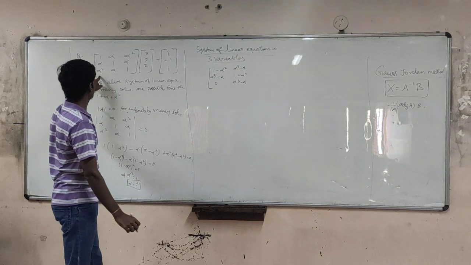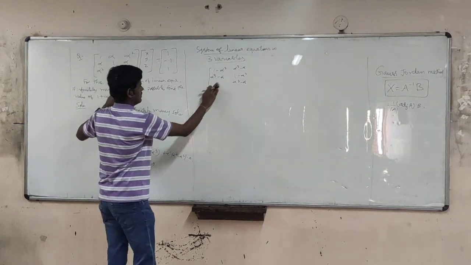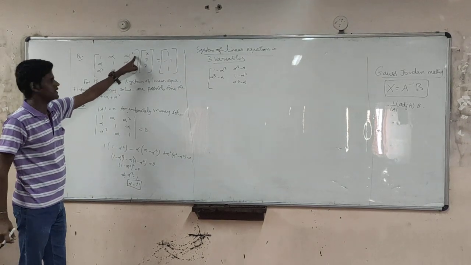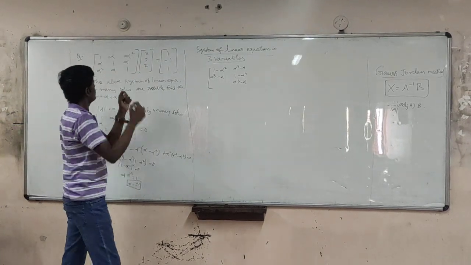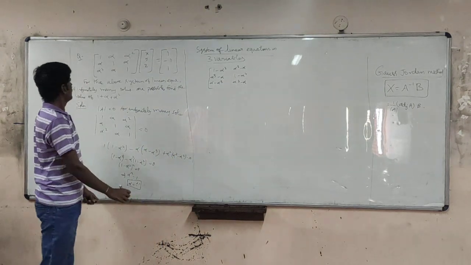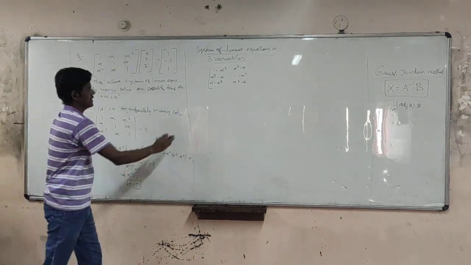Wait, here I have written something wrong. This is for 1, 3, alpha minus alpha cube. Oh, sorry, correct one, 0.